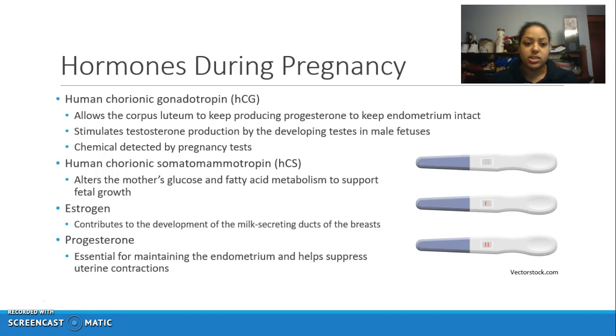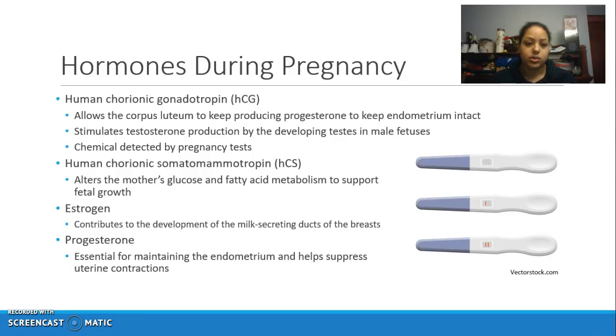HCG is also the chemical that is detected by pregnancy tests, such as those shown in the figure on this slide. Now, HCG is structurally related to luteinizing hormone, and as such will bind to luteinizing hormone receptors.